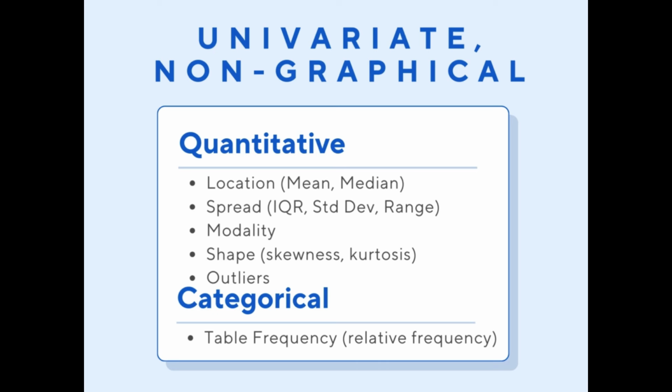The modality answers the question, how many peaks are there in the data distribution? For the shape, which is measured by skewness and kurtosis, we want to find out the answer to the question, is the data symmetric or does it have outliers? For the categorical one, we can look at the frequency table. It answers the question, how often does each category occur in the dataset?